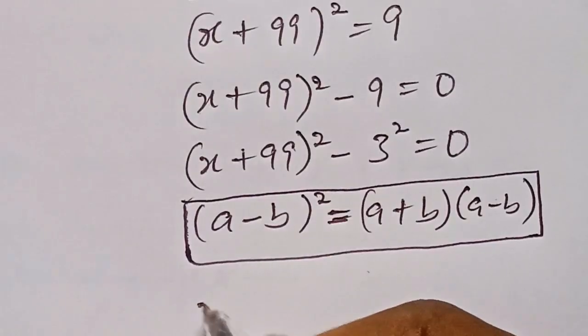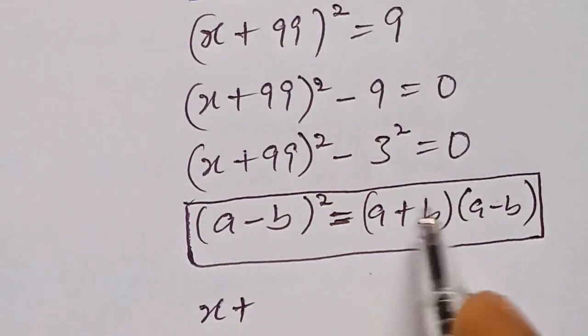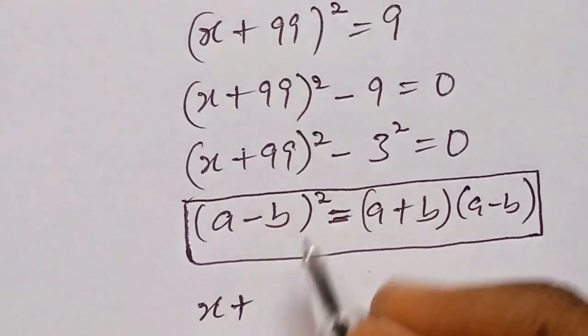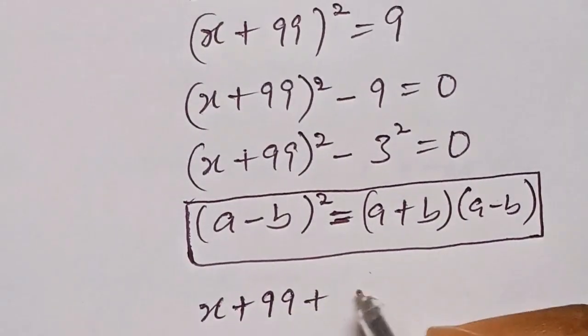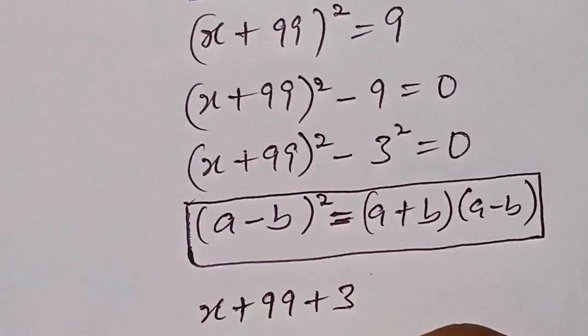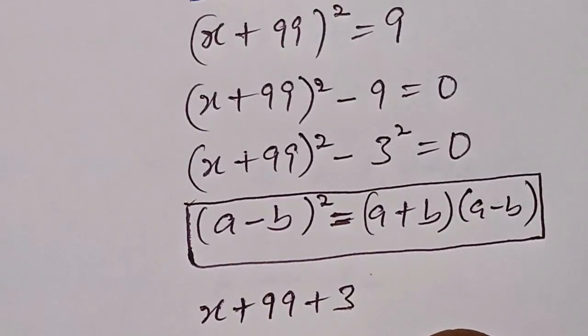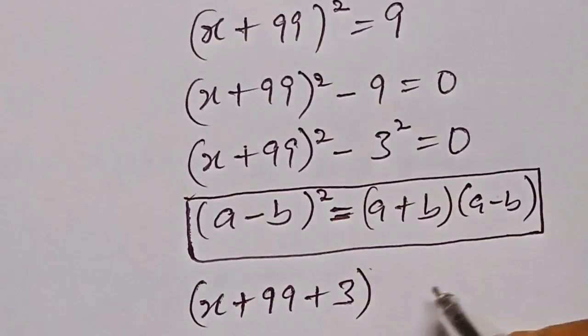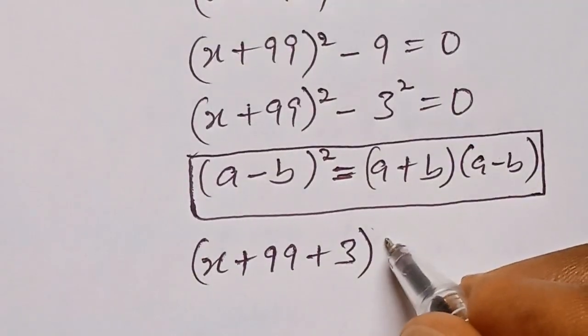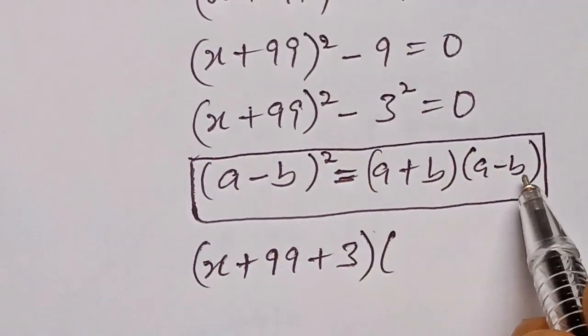Now, considering a plus b, we are going to have (x + 99 + 3), then open another bracket for a minus b.